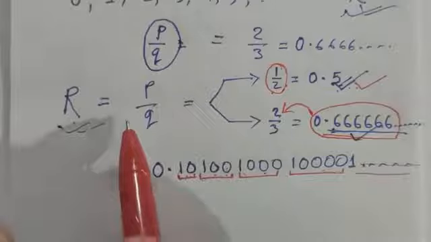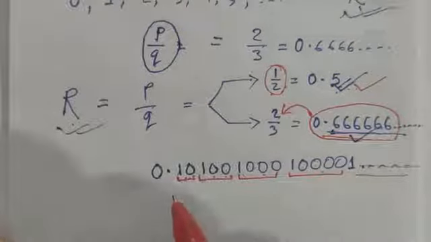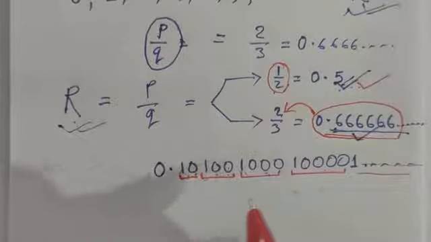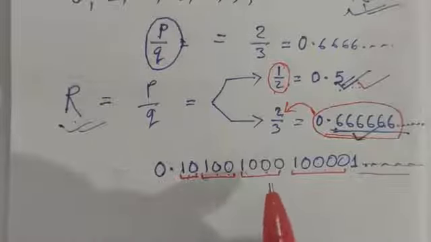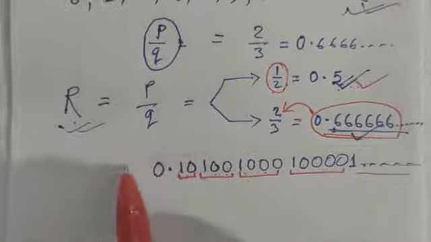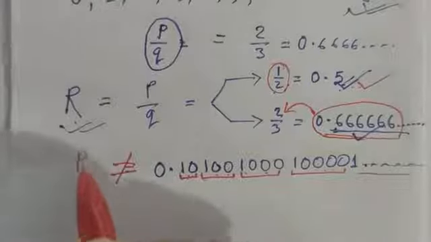And the other decimal expansion is neither terminating nor repeating. If the decimal expansions are neither terminating nor repeating, then they cannot be expressed in the form p by q.